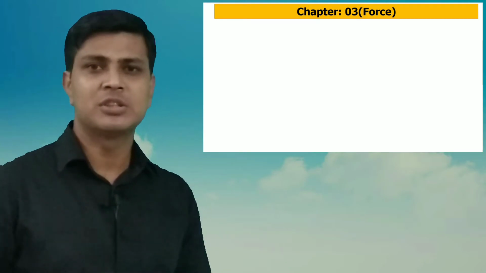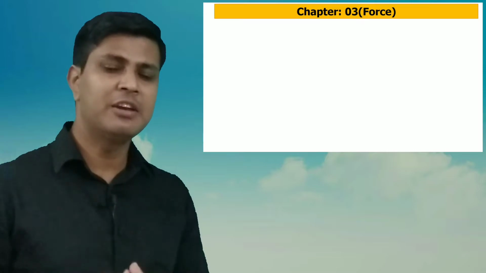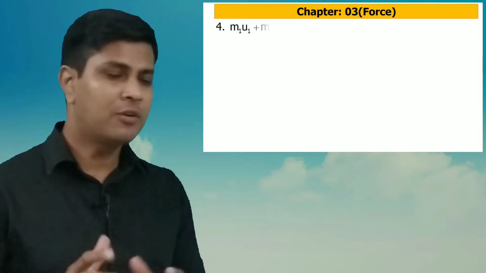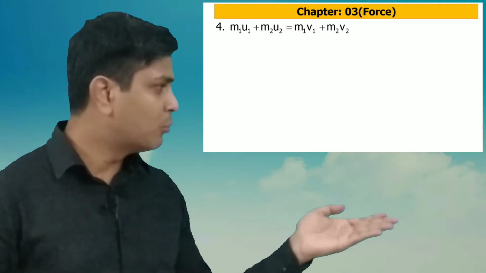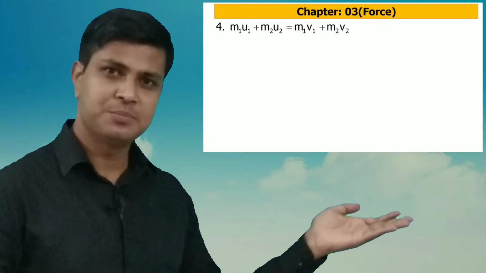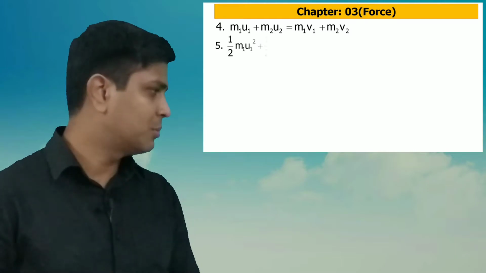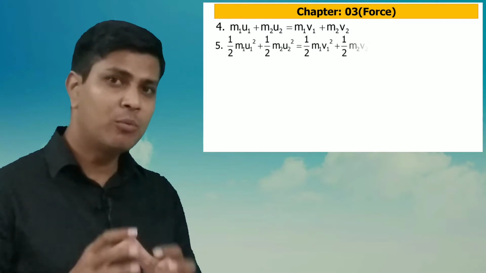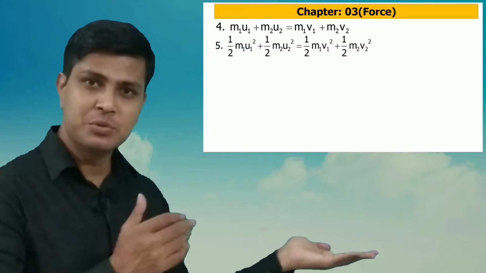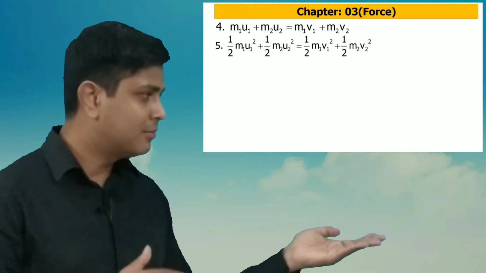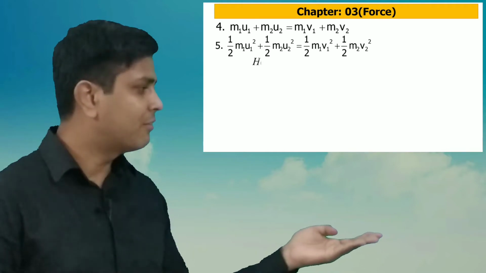Now the law of conservation of momentum. This is a very important formula. The formula is m1u1 plus m2u2 equals m1v1 plus m2v2. Now the law of conservation of energy. The formula is half m1u1 square plus half m2u2 square equals half m1v1 square plus half m2v2 square.